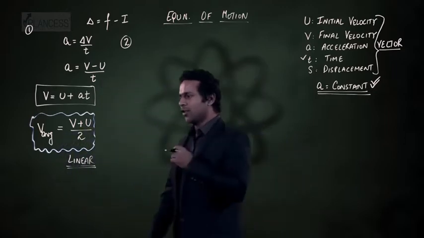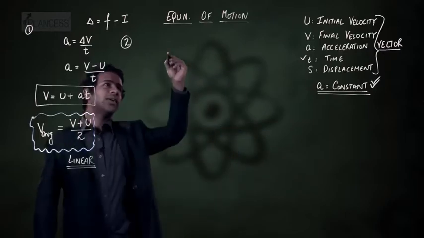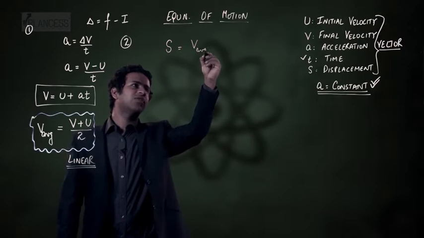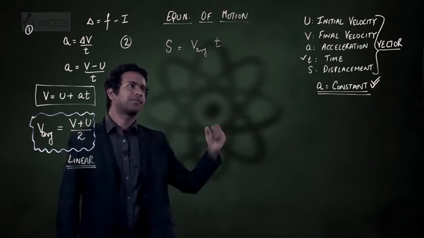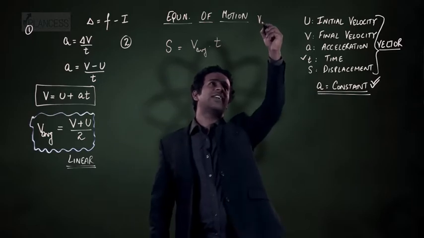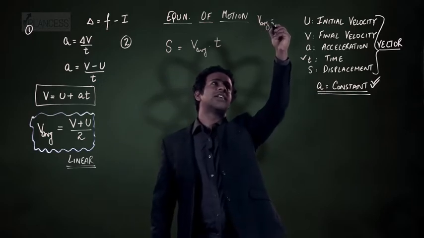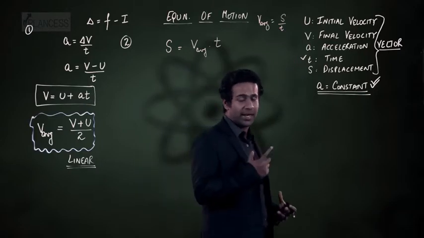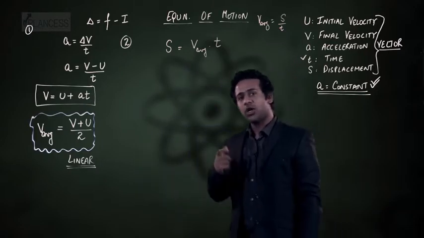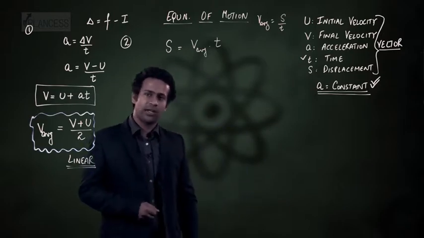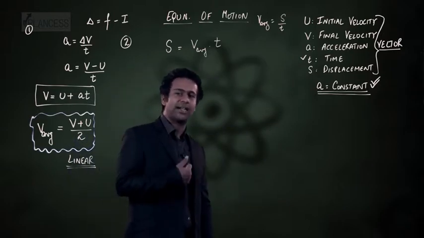So we know that the displacement is equal to the average velocity into time, because the very definition of average velocity is total displacement by time.